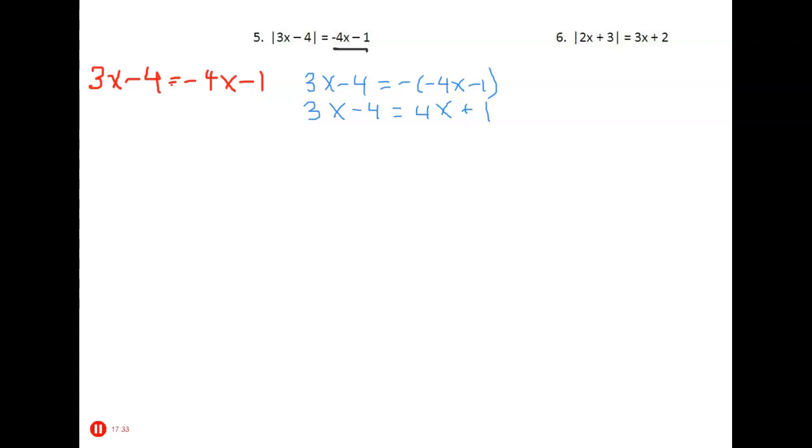Now we're going to solve for x on both parts. So over here, I might add my 4 and subtract my 4x. So I get x equals negative 5.